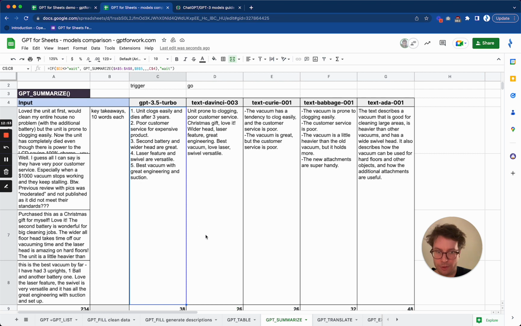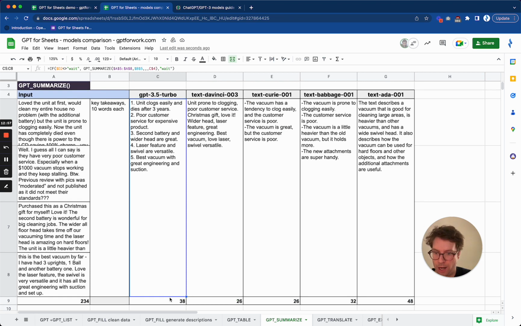Okay, so I have the word count here. As you can see, none of them gets the word count correct. GPT is not good at counting, and especially not good at counting words. But clearly, you can see that ChatGPT was one of the most verbose, and it is a property of ChatGPT. It is usually more verbose than DaVinci or the others.